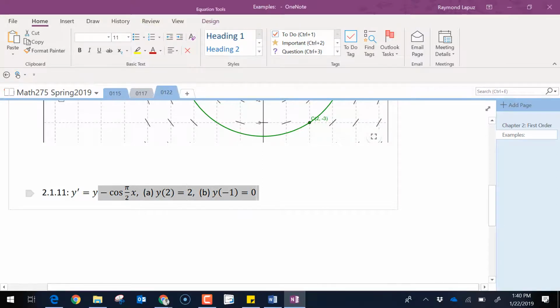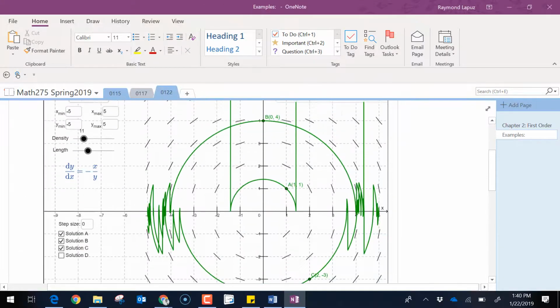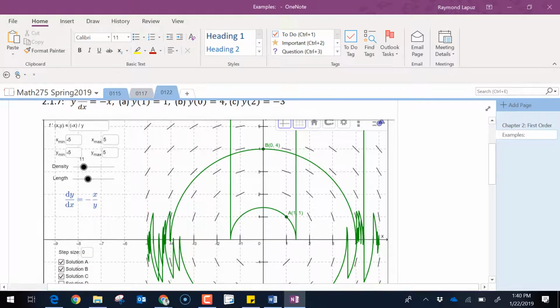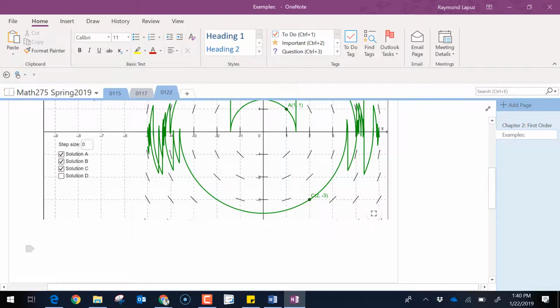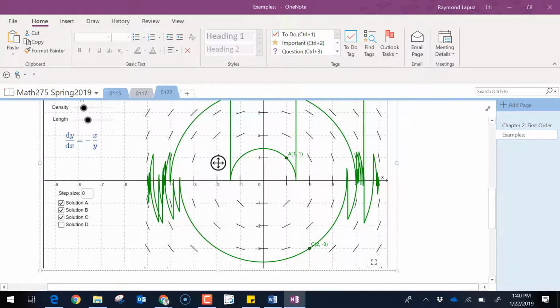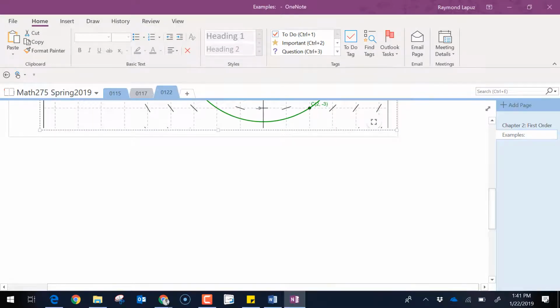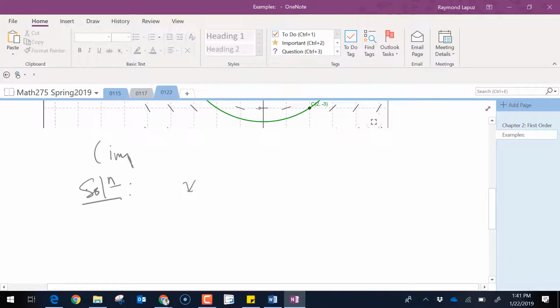So let's not do this anymore. And let me just tell you, for that differential equation that we were working on, the solution looks like it's actually an implicit solution.